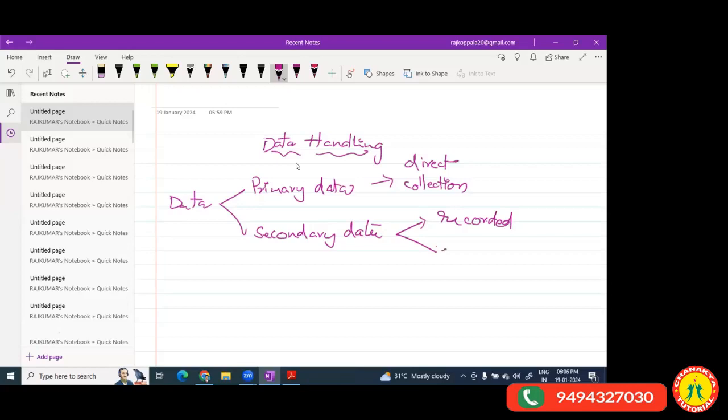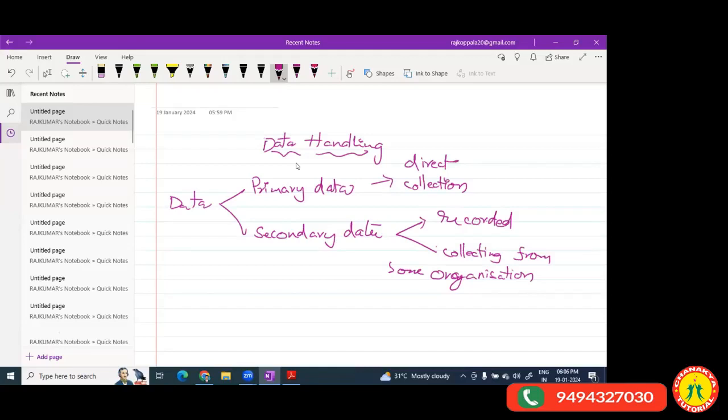Collecting from some organizations. For example, if you want to know the rainfall for the last 5 years, you go to that department, where they have already recorded it.